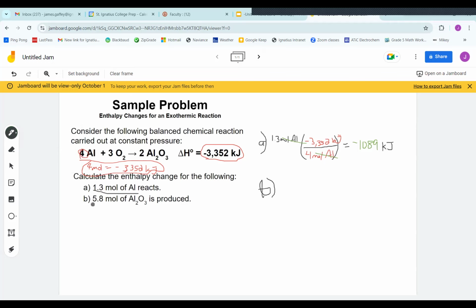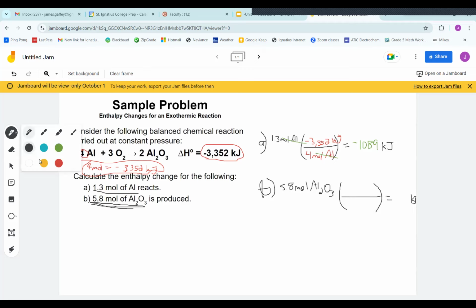Part B. If we have 5.8 moles of aluminum oxide produced, let's start by writing down what the problem gives us. 5.8 moles of Al2O3. And then we'll write a conversion factor that will enable us to get to the number of kilojoules that are released.